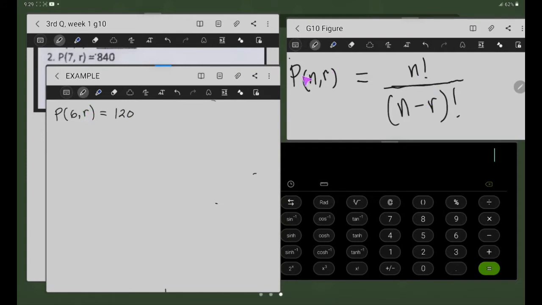So, gamitin natin ito. n is equal to 6, and r natin is unknown. Hanapin natin yung r. So, this is equal to 6 factorial over 6 minus r factorial equals 120.